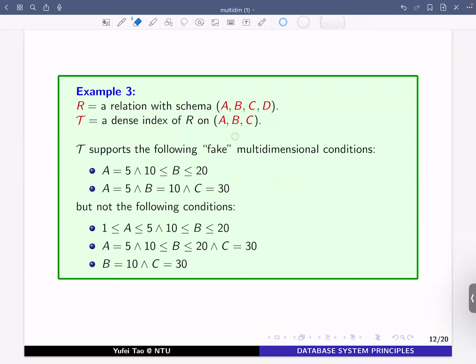That's nice. Now let's look at the next bullet and understand how come this one cannot be supported by our index here. It talks about two attributes that satisfy the first condition. So far so good. But if this is the prefix, then we will be expecting a point query condition on A, and that's not the case here.